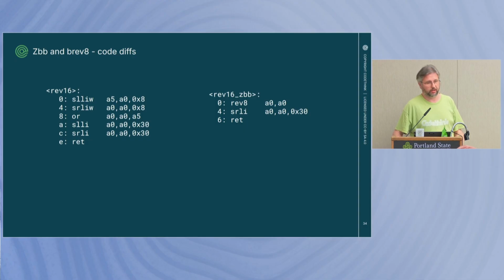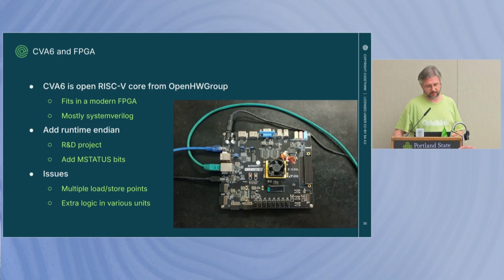So you can see it's really similar code length for that. Oh yes, so it's Rev 16. For the Rev 32, it's much more of a win because the sequence is still a BREV 8 and a shift, whereas the stuff which would move it around by anding and oring registers gets a lot longer.